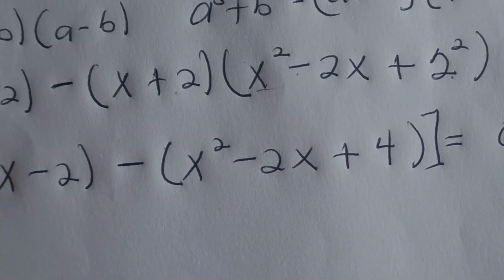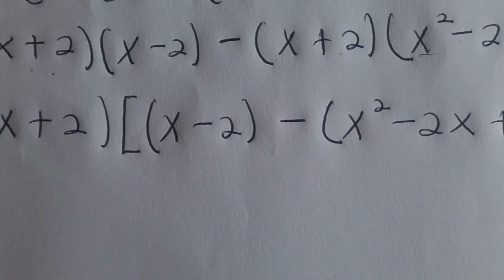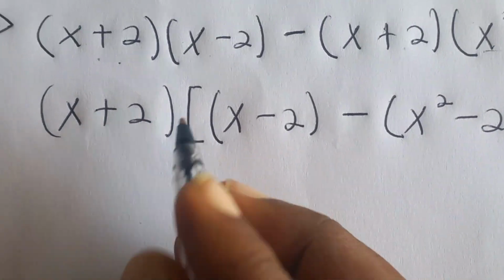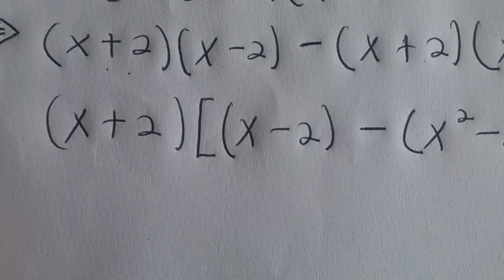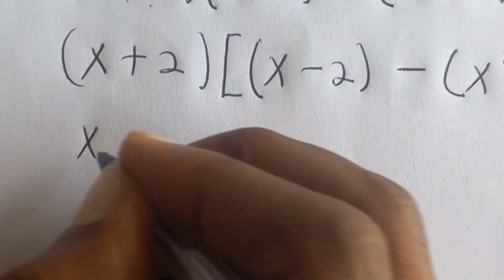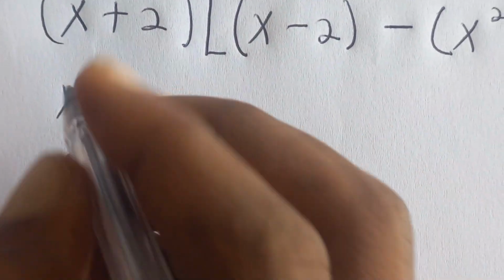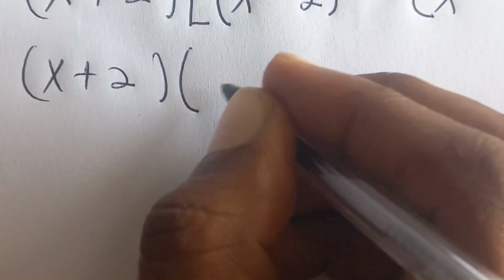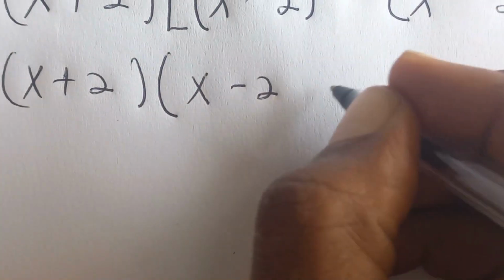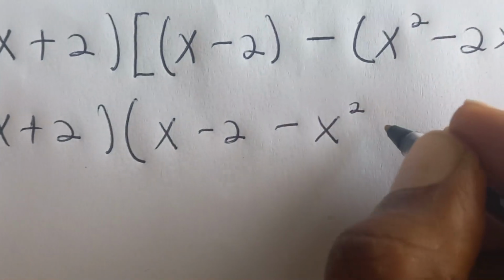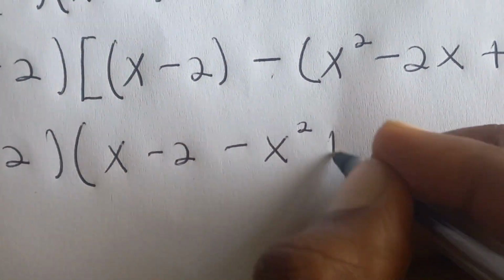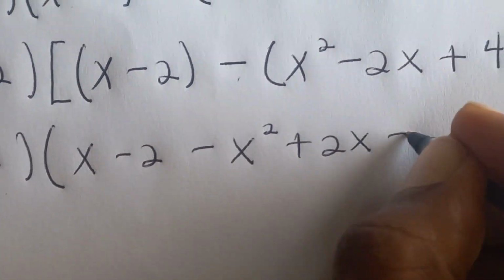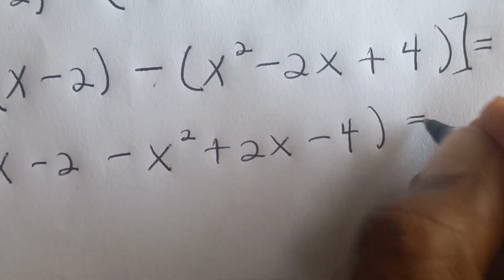Okay, so from here you can say that x plus 2 into bracket x minus 2 minus x squared plus 2x minus 4 is equal to 0.